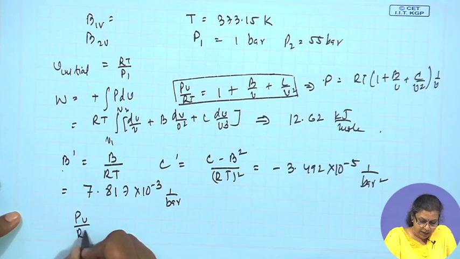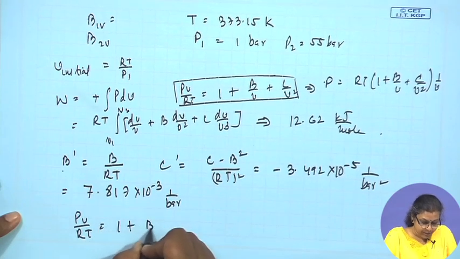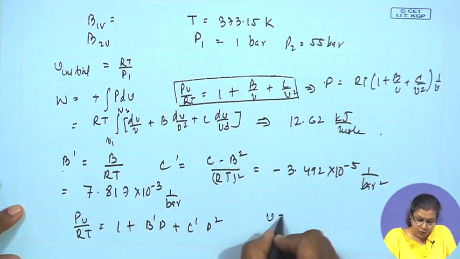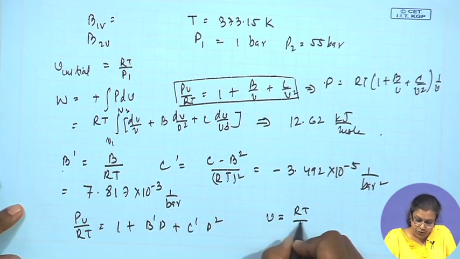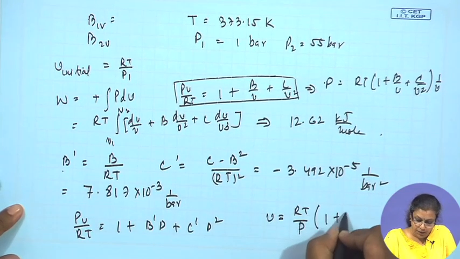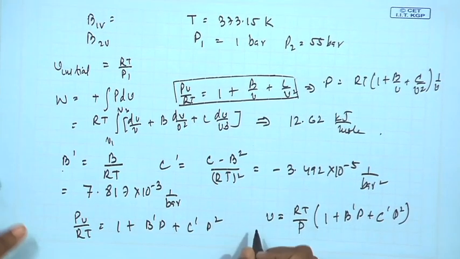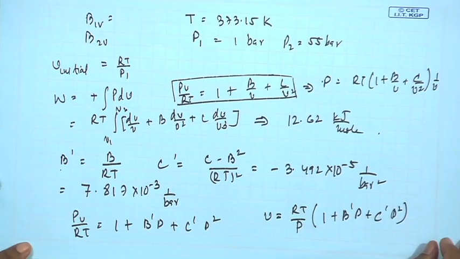We know PV by RT equals to 1 plus B prime P plus C prime P square. We know what is V equals to, again we can substitute it in terms of RT by P, 1 plus B prime P plus C prime P square, fine, or else we can just expand and write it down.